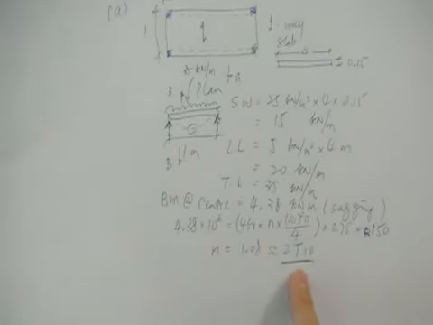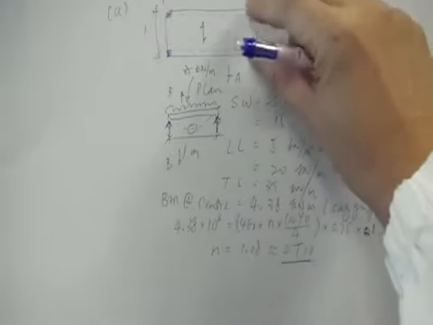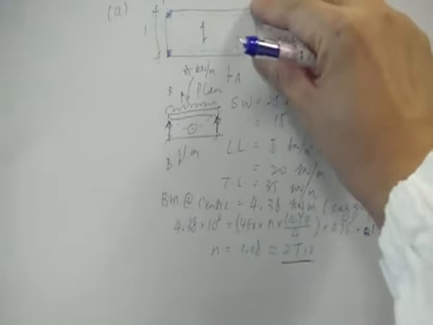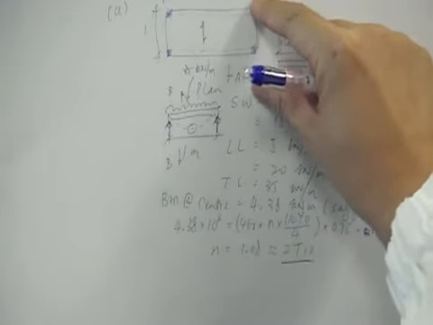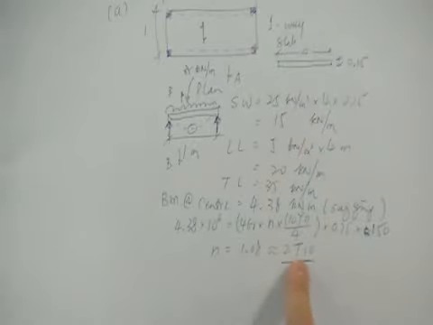And of course, in this example, the number of reinforcement looks not very reasonable. Okay, so if in practice the span of the slab is a bit longer, then the number of reinforcing bars that you need to provide is a lot more than just 2 T10.